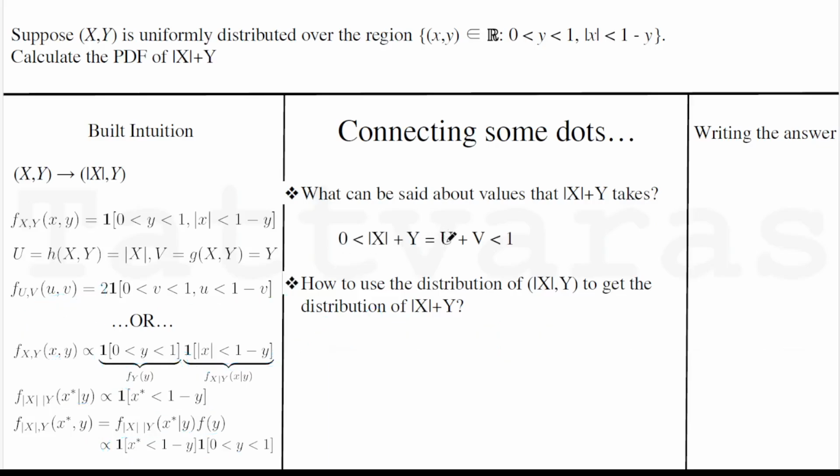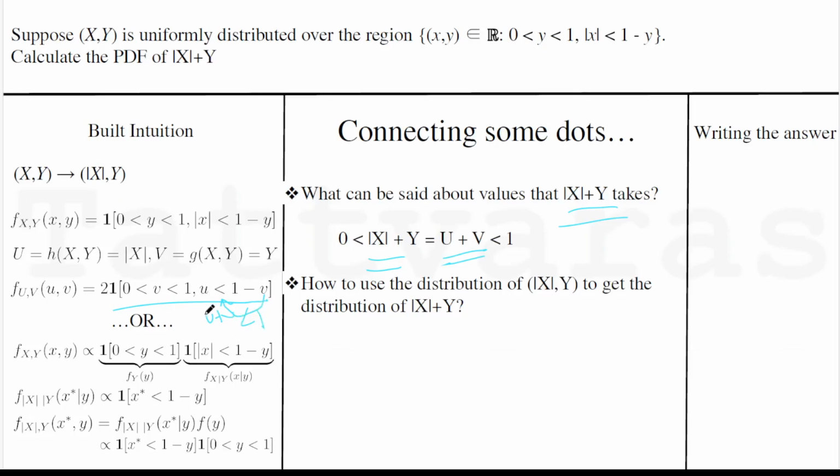Now, what can be said about the values that mod x plus y takes? It's necessary to figure it out. Mod x plus y, in terms of the notation that we are using now, is u plus v. And in this PDF that we have, if we just take v over here, you'd see that it's u plus v less than 1.